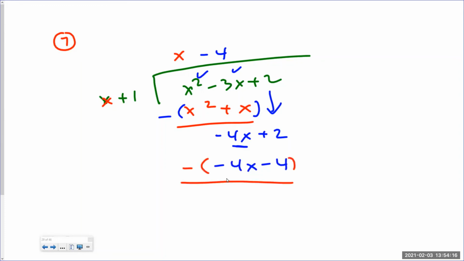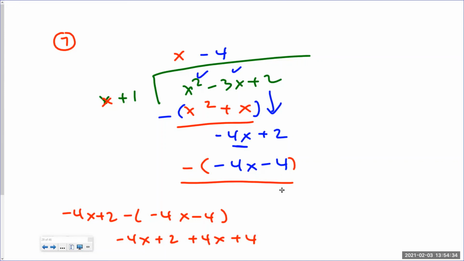That's why I change it horizontal rather than vertically. So this is negative 4x plus 2 minus the quantity negative 4x minus 4. So that's negative 4x plus 2 plus 4x plus 4. So I get 6 there. So 6 is your remainder, so plus 6 over x plus 1. And this is what I'm going to take the integral of.